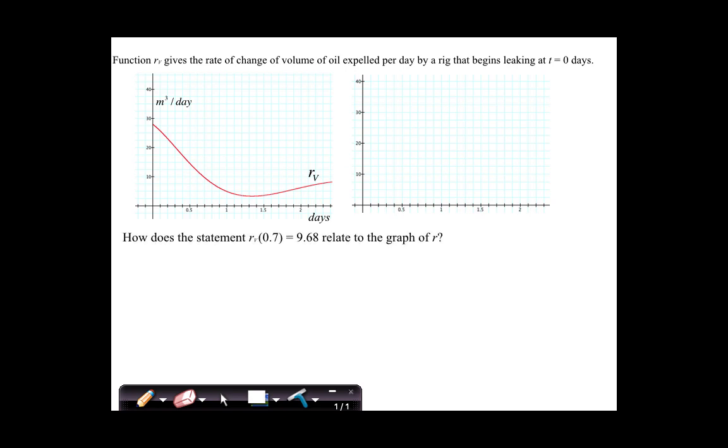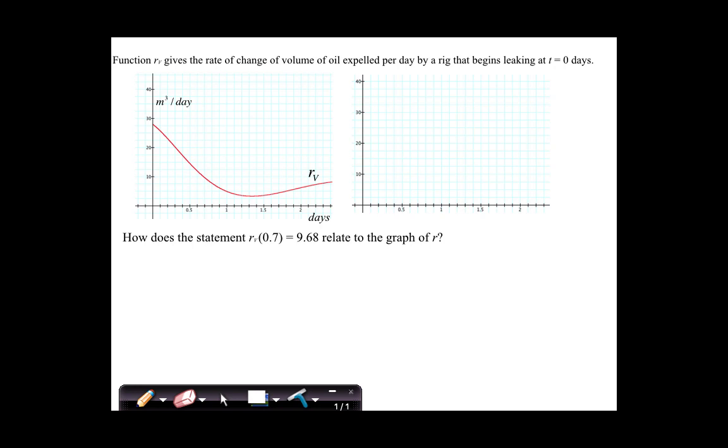But, okay, first of all, again, the notation. We talked about this notation yesterday, but this says R with a subscript of V. R sub V of 0.7 equals 9.68. And that's something that's probably highlighted on your graph, maybe? No, not. But R sub V of 0.7 equals 9.68.